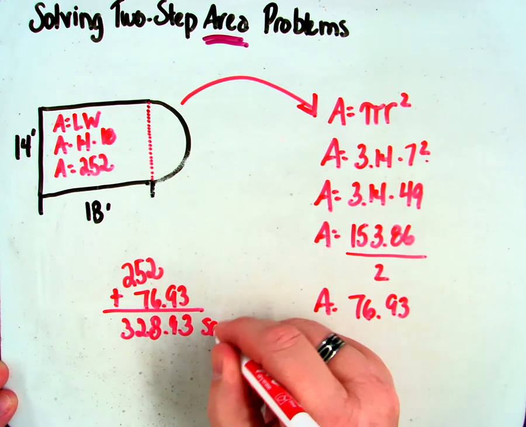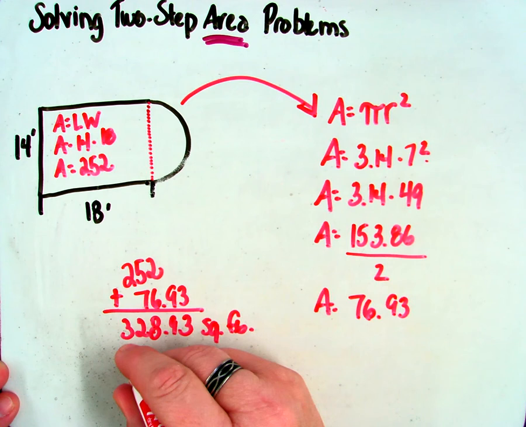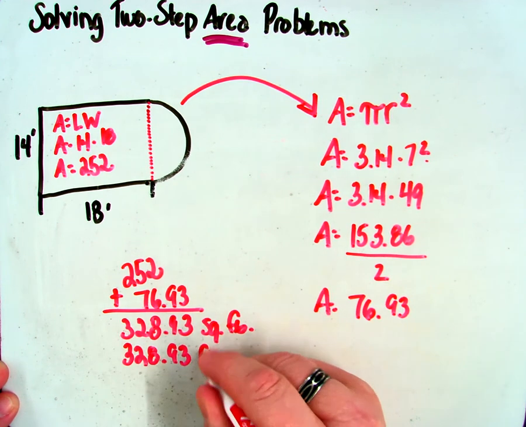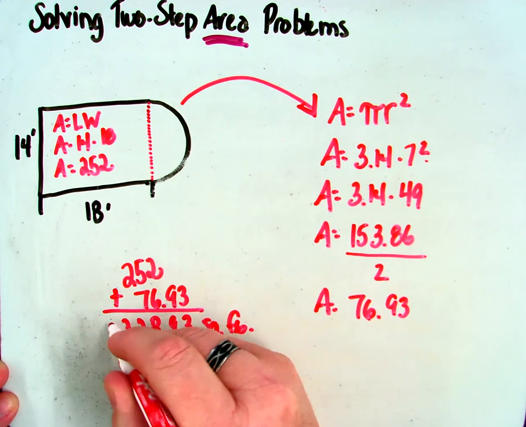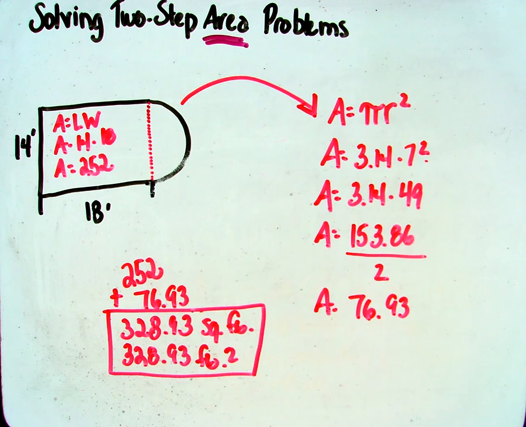And that's going to give us 328.93 square feet, or 328.93 feet square. Yes, so any one of these occurrences or appearances would be fine.